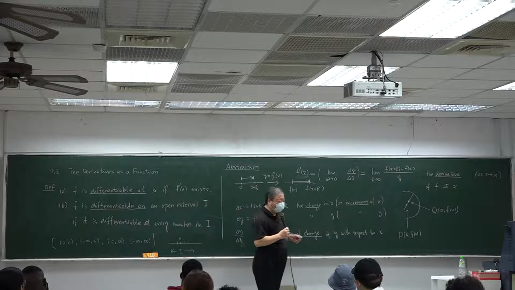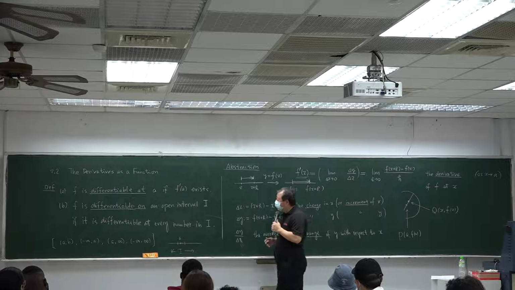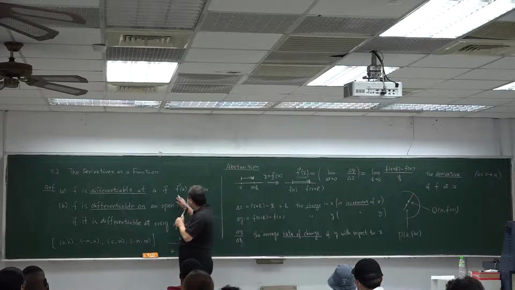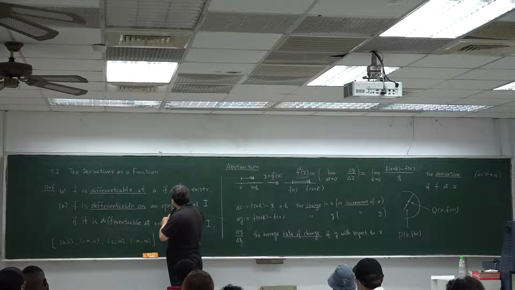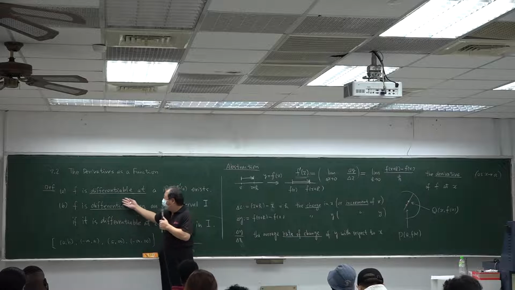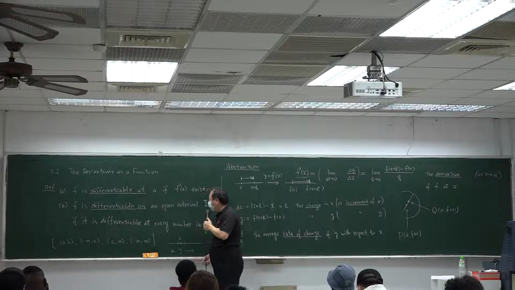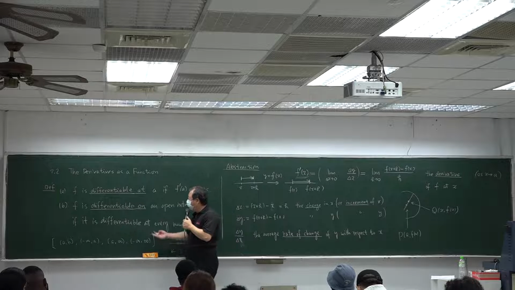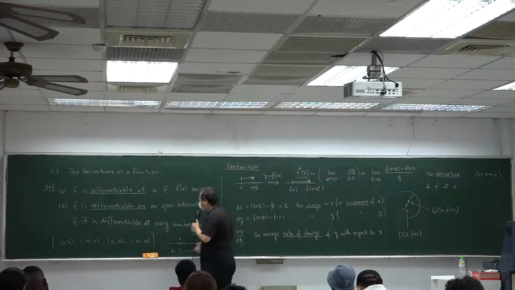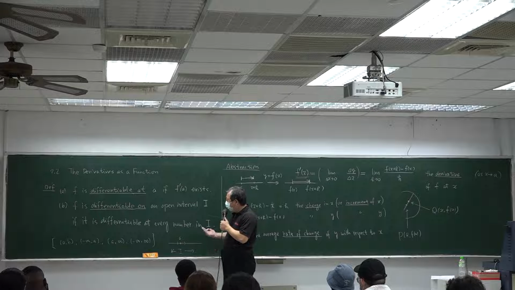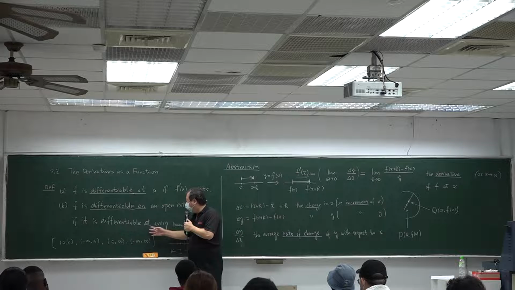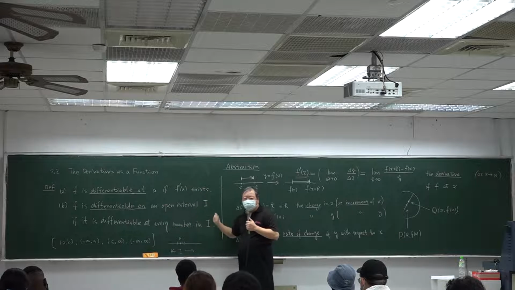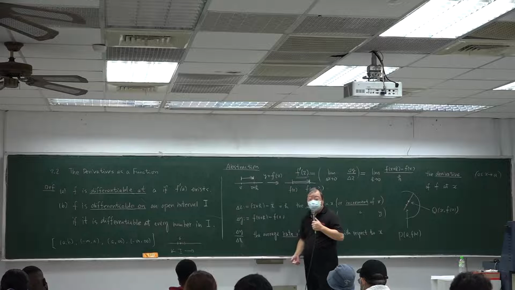So here, if the derivative of a function f at some number a exists, then we say f is differentiable at a. If an open interval I is given, we say f is differentiable on that interval. That means f is differentiable at every point of that interval I.